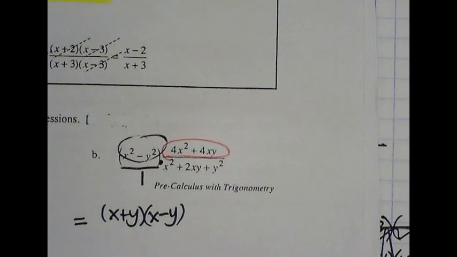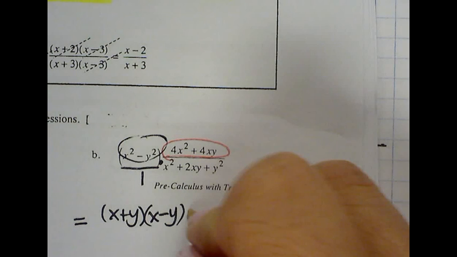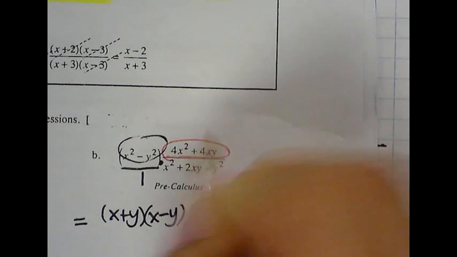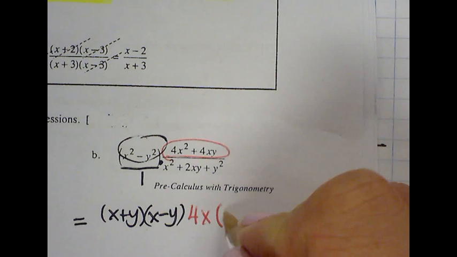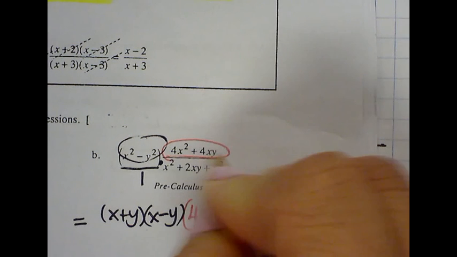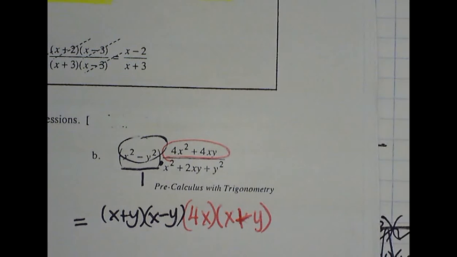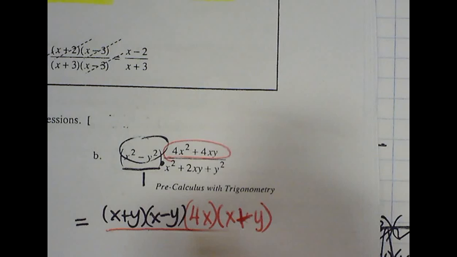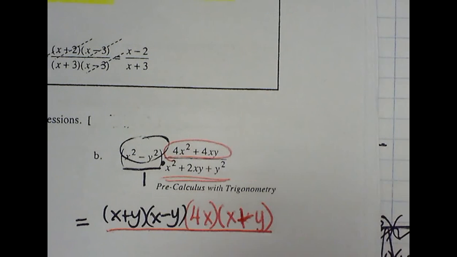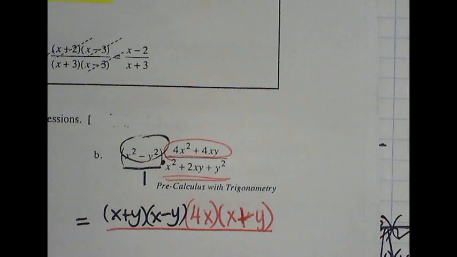You cool with that? All over, what's this? Same side. That's actually x plus y, all squared. You need to recognize this as being the square of a sum.